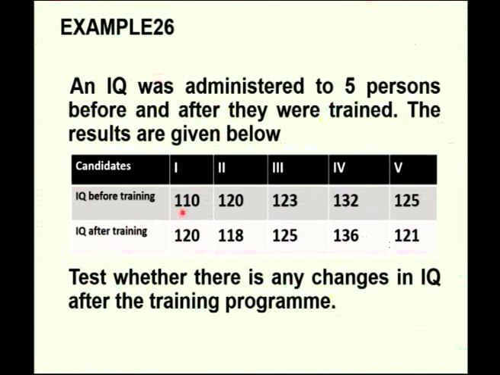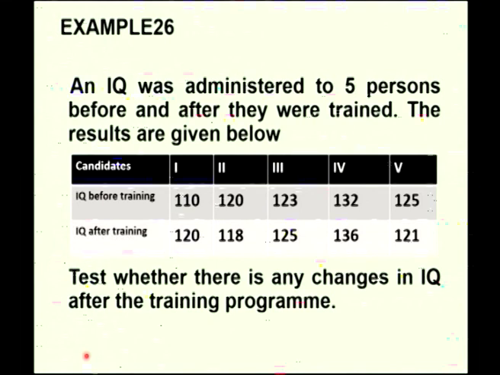Their scores are 110, 120, 123, 132, 125, and IQ after training is 120, 118, 125, 136 and 121. Test whether there is any change in IQ after the training program. So, you are asked to verify whether the training program is effective or not.